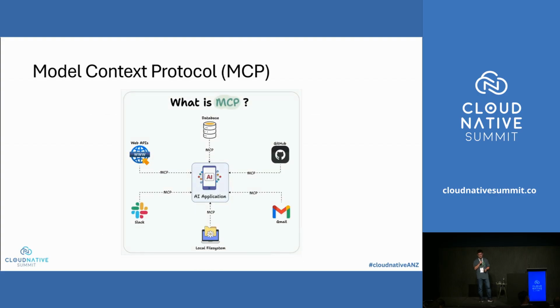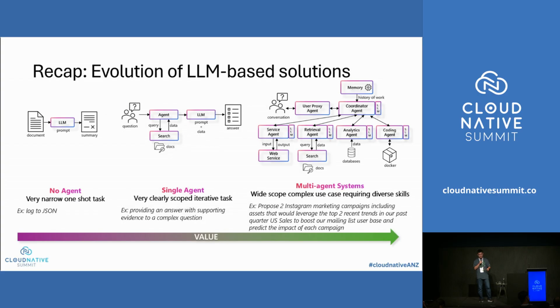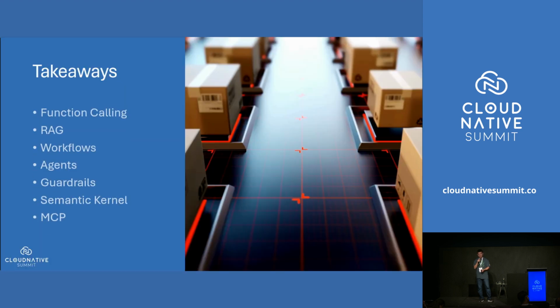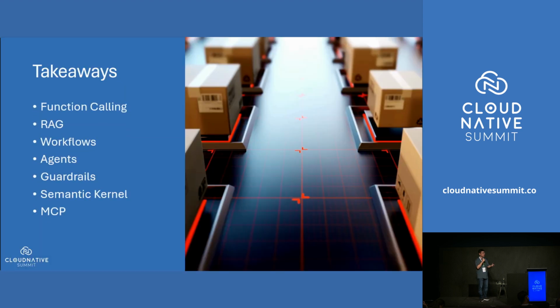Let's just quickly recap. We discussed the limitations of LLMs. We discussed workflows. We discussed RAG and function calling. We discussed single agent and multi-agents. And what I want to say last is that today I shared just a very small part of the whole picture.